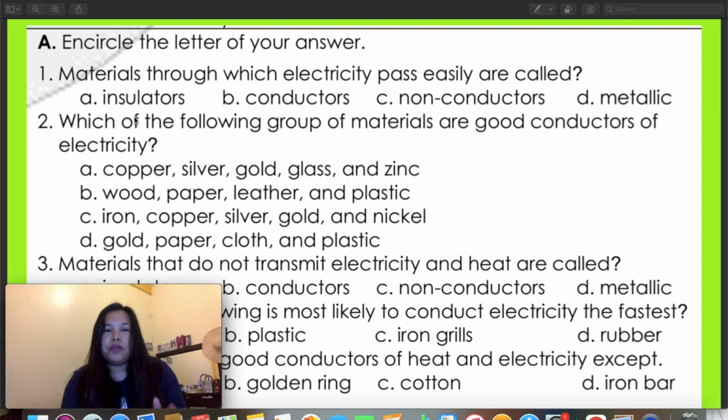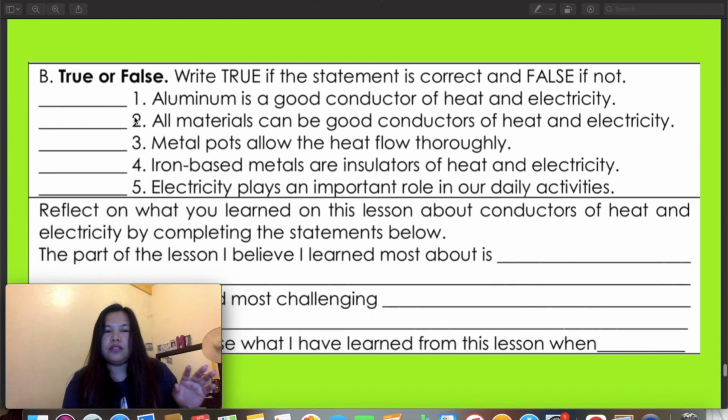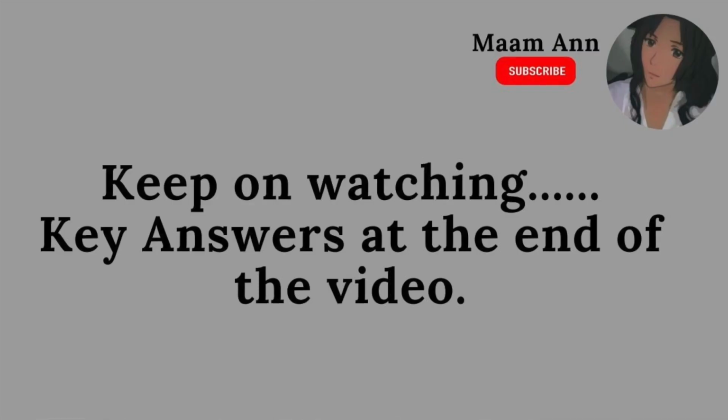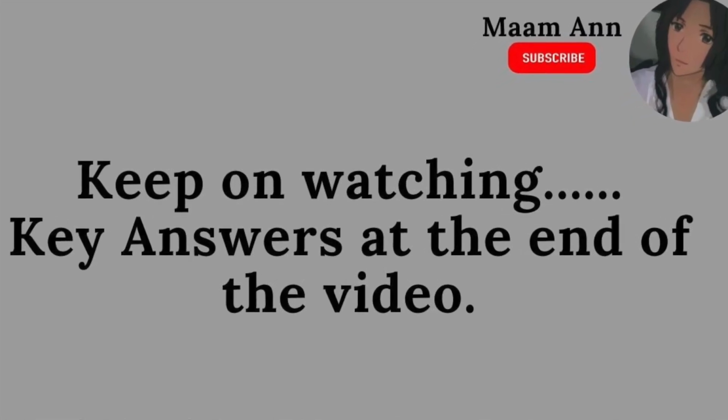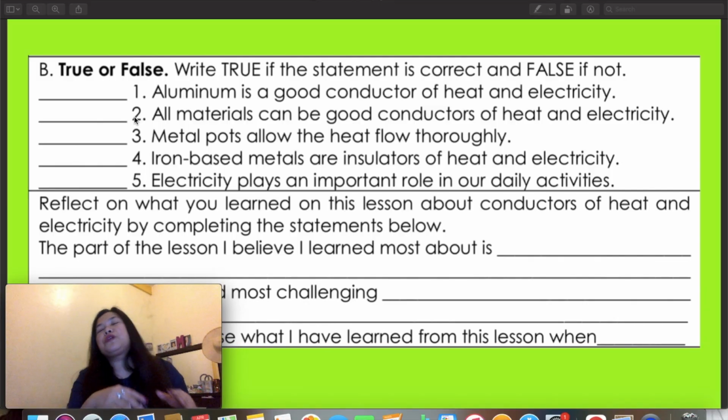There are 5 questions, and then letter B, true or false: write true if the statement is correct and false if not. To check your answer, nasa dulo ng ating video yung key answer.